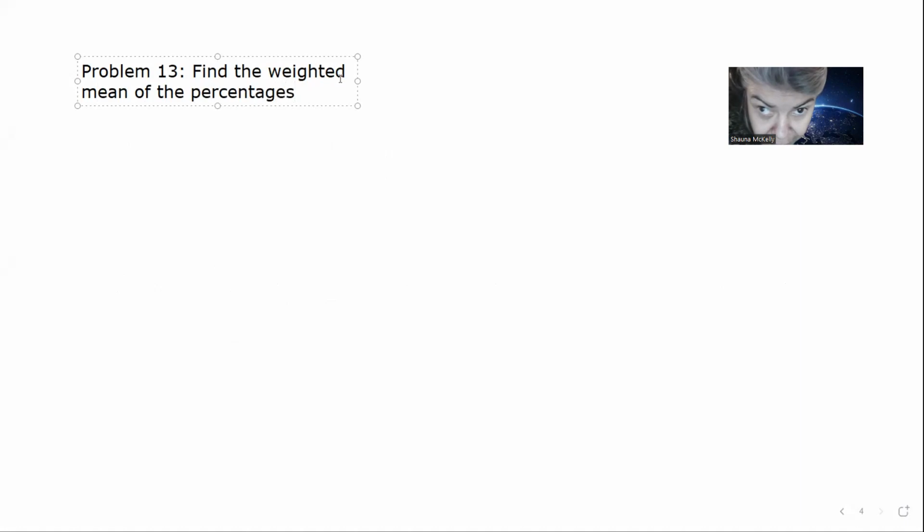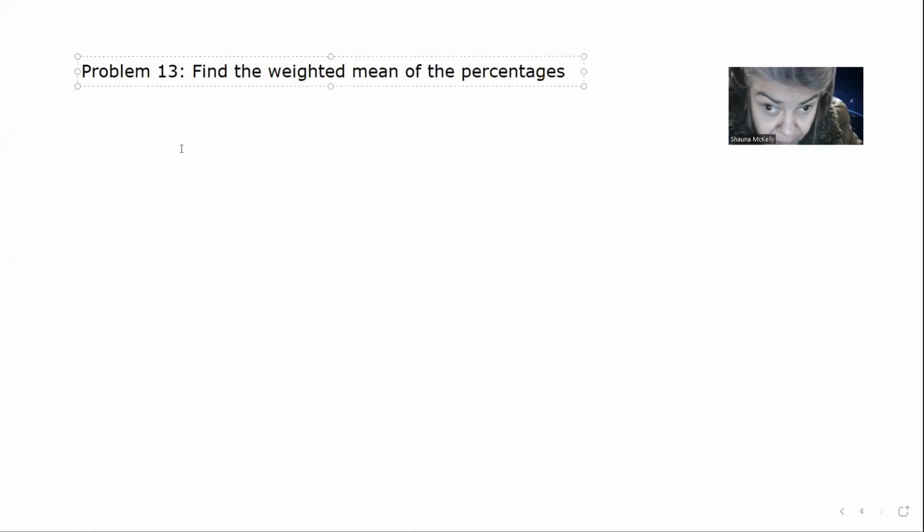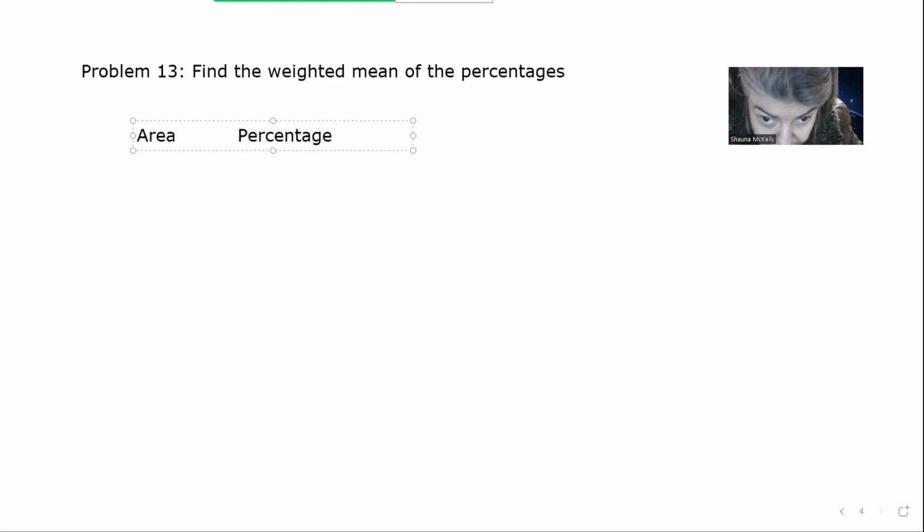So here we have our data. We're going to have a little table here. So we're going to have our area, our percentages, and then our whatever they called that, which I don't remember. So let me go back and look.